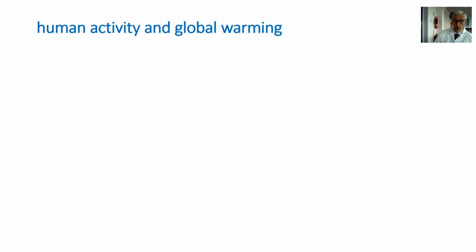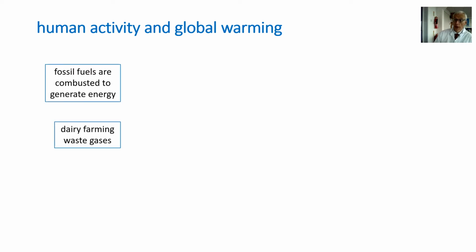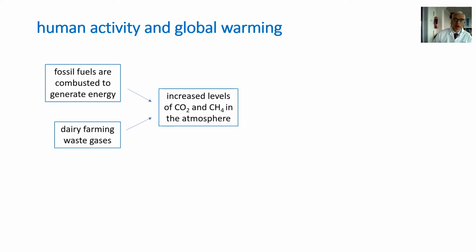Okay, so human activity includes the burning of fossil fuels to generate energy and activities such as dairy farming and the production of waste gases such as methane from dairy herds. So these two activities, for example, lead to increased levels of carbon dioxide and methane in the atmosphere.